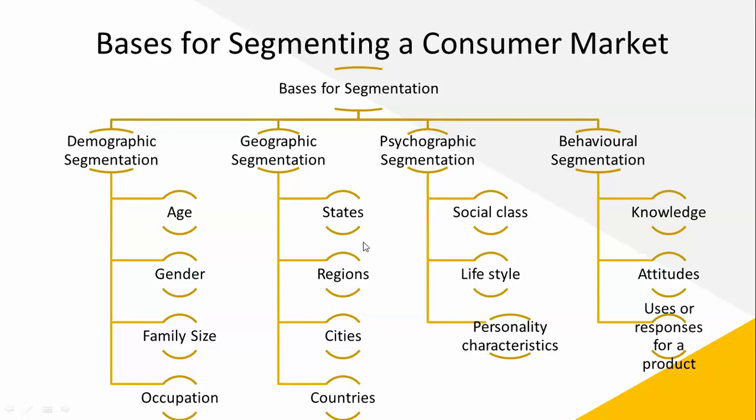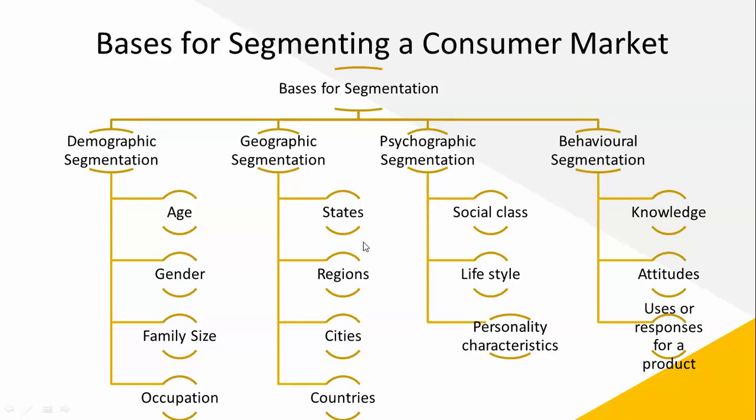Right. And on the other hand, you can go for the psychographic segmentations, like based on the social class, high class, high-end customers, middle class, like social class based on the lifestyle, right? So you can divide the market onto the people who have a busy lifestyle. So then you can design your product according to that lifestyle, or else you can base on the personality characteristics.